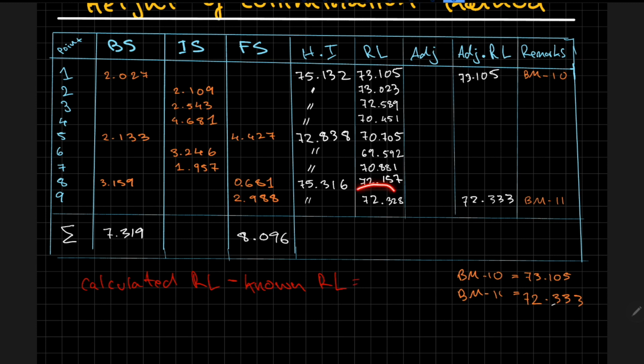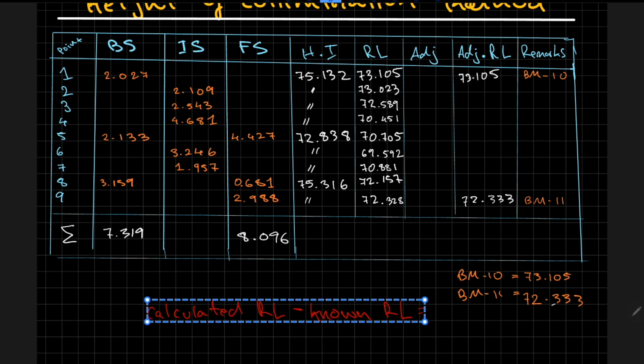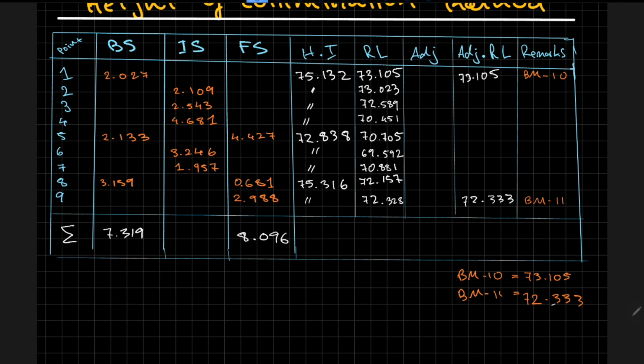The calculated RL we got is 72.328. The known RL is 72.333. We need to minus these values together to get our misclose. So misclose equals calculated RL minus known RL.